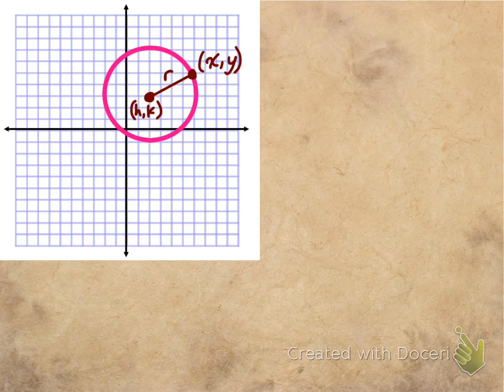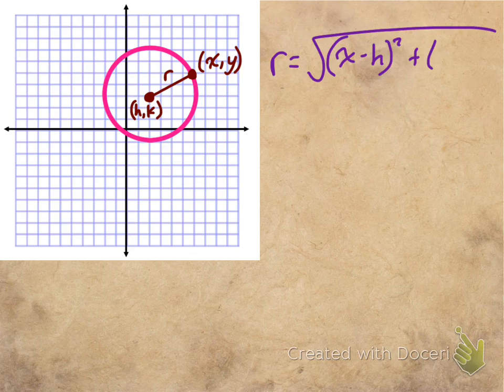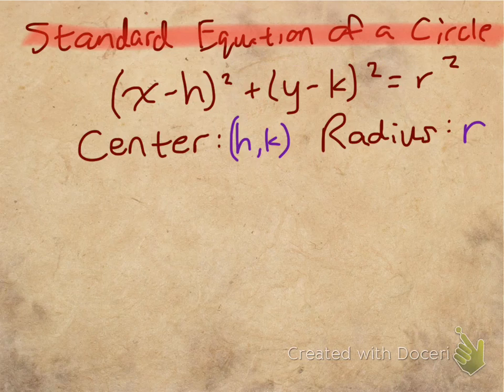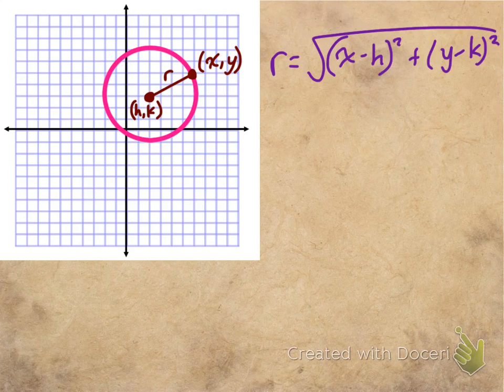So to do that, I would use the distance formula, which says that r equals the square root of the difference between my x values squared, which we can just write as (x - h)², plus the difference of my y values squared, (y - k)², which already kind of looks like it, except our actual formula has r squared. This one just has r, so we should square both sides.